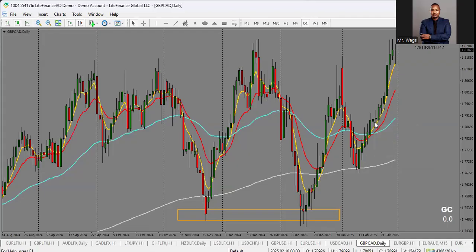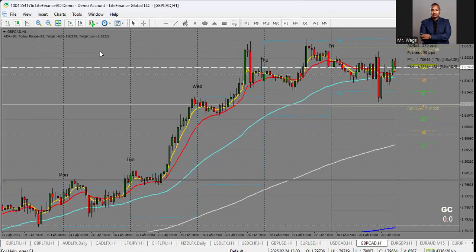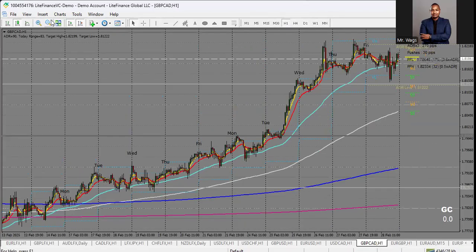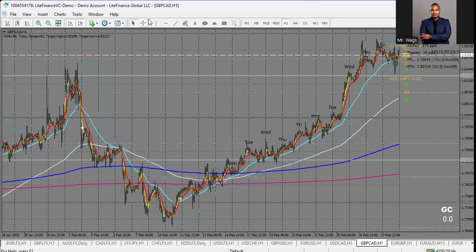Price has been retracing and bouncing around the 5 EMA. So around the master there, we have price bouncing and continuing up. We call that a quick reset. And when you observe on the hour time frame, you will see that price has been forming those resets around the 50 EMA.